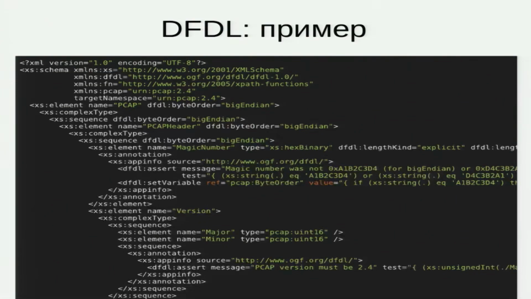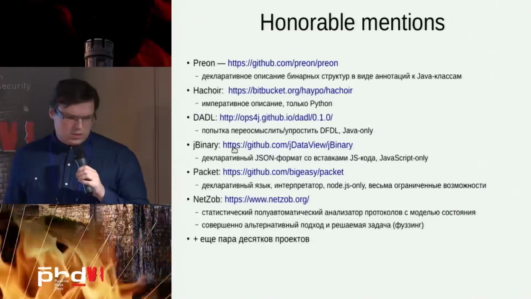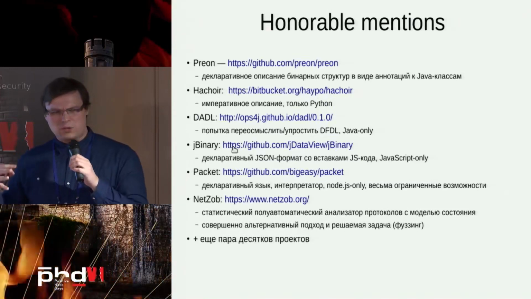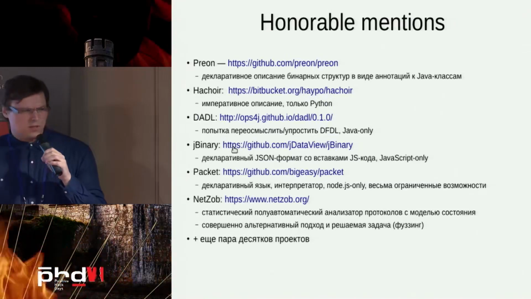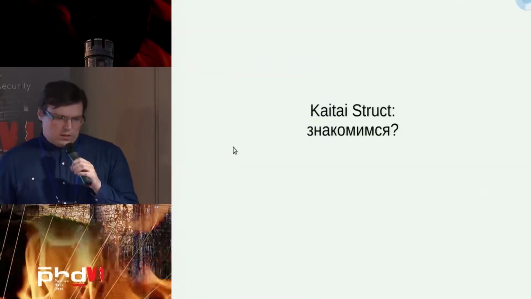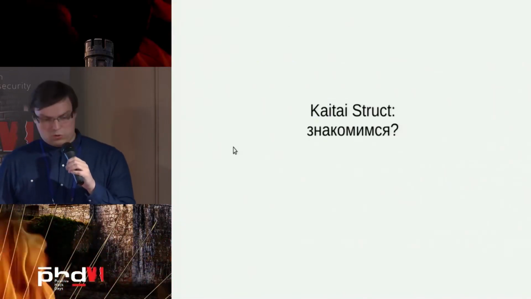So when I saw that, it became absolutely uninteresting for me. It's really too general, and it's intended for solving more generic tasks. There have been lots of attempts to create declarative descriptions of binary structures as applied to one specific language.